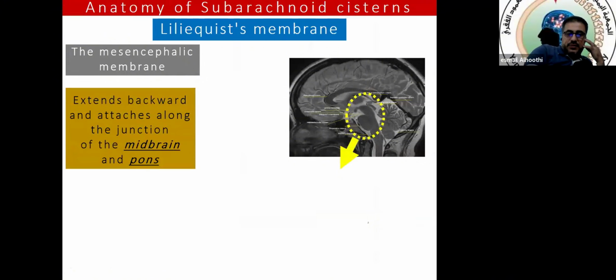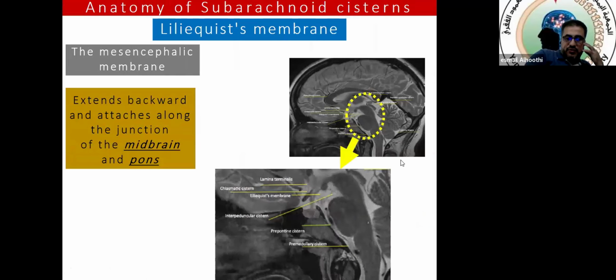The mesencephalic membrane extends backward, as we talked before, from the dorsal part of the sellae, posteriorly to the junction between the midbrain and the pons.